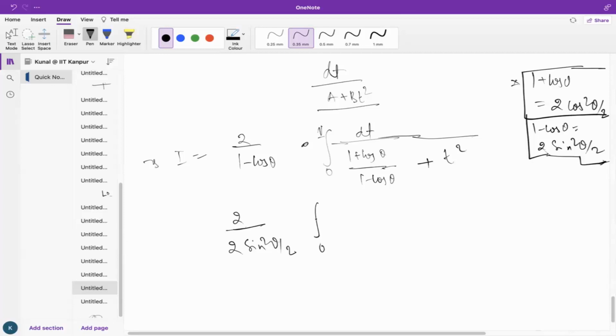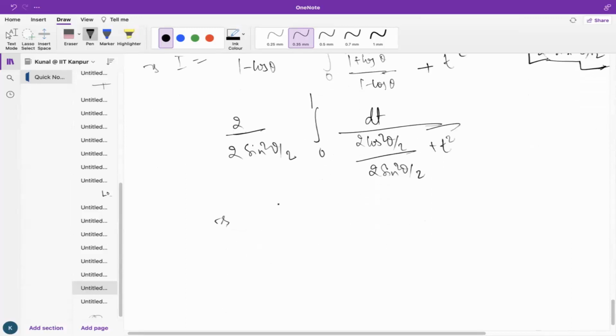We are integrating from 0 to 1, dt by 1 plus cos theta, which is 2 cos square theta by 2, in the denominator 2 sine square theta by 2 plus t square. Then it will be 2 by 2 sine square theta by 2, it gets cancelled. We integrate from 0 to 1, dt, and here we get a cot square theta by 2 term plus t square.